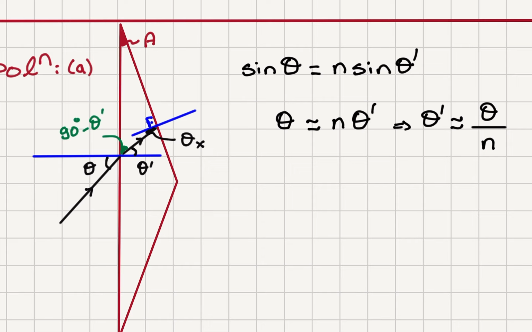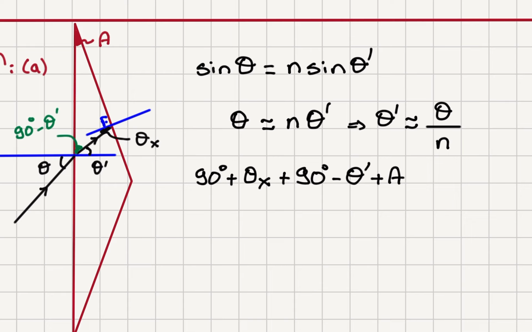We have 90 degrees plus theta x. Theta x is the angle with which this ray hits the normal of this interface. And then we have 90 minus theta prime, and then the prism angle A, adding up to 180 degrees.